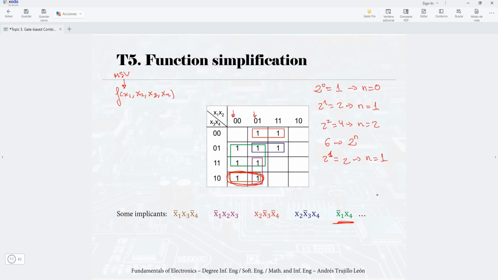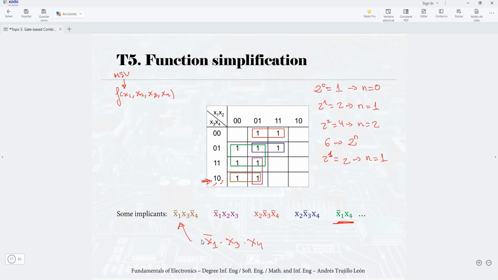And in the rows, both variables are the same, they don't change. So in this case, we have x1 that is negated because it's 0, x3 that is not negated because it's 1, and x4 that is going to be negated because it's 0. So we are in this case.